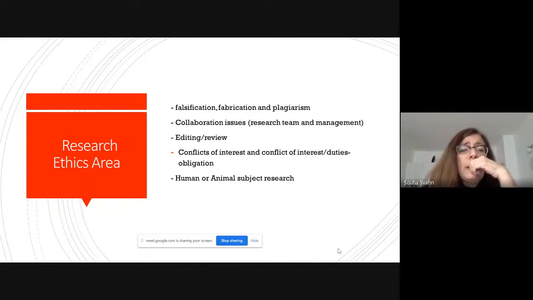After we go to the second point, which is the collaboration issues. Collaboration issues, for example, in a scientific lab, you are a PhD candidate and you have to do some scientific experiment, but you are helped by the lab director, by your own director, by the technicians, by everybody.